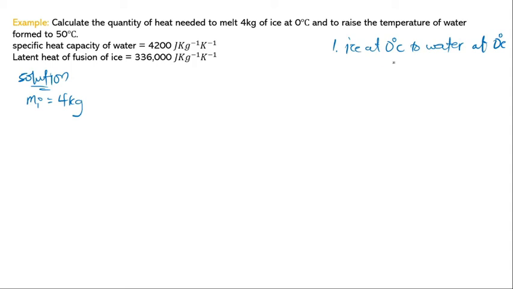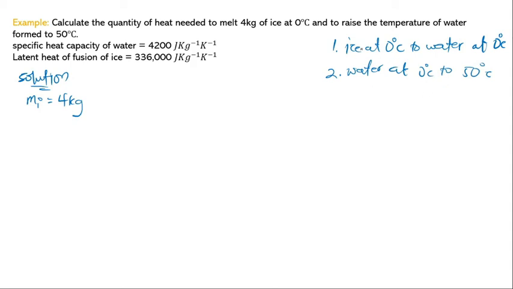So latent heat of fusion is being applied in the first case. After that, we need to convert the water at 0 degrees Celsius to 50 degrees Celsius, and this is our normal calculation. So these are the two transformations that are going to take place.